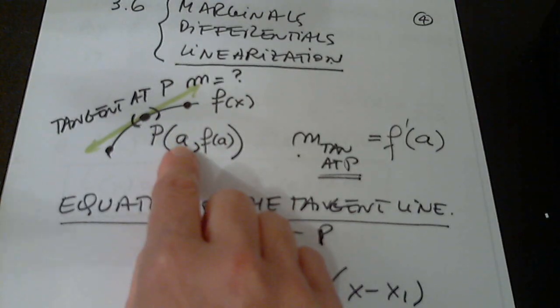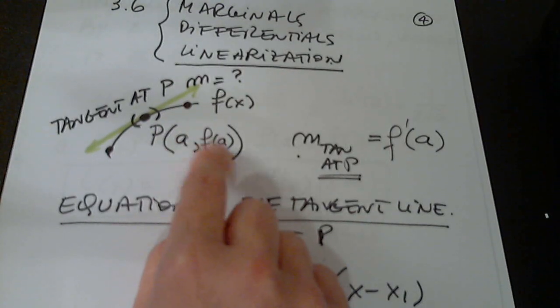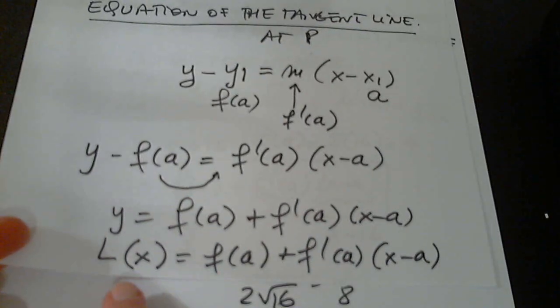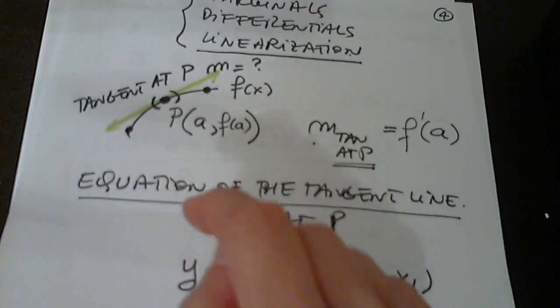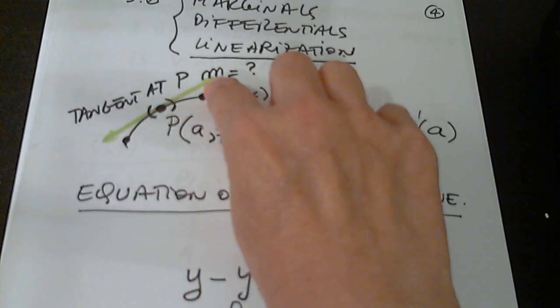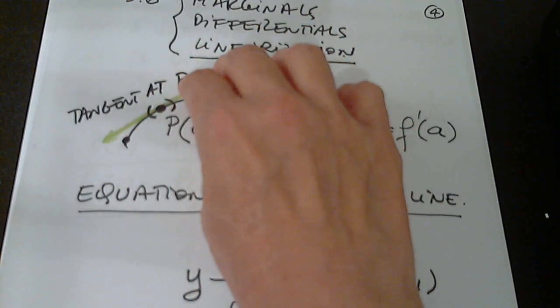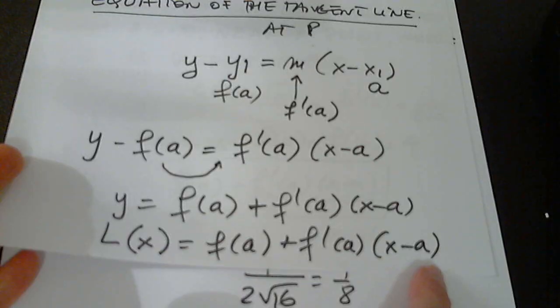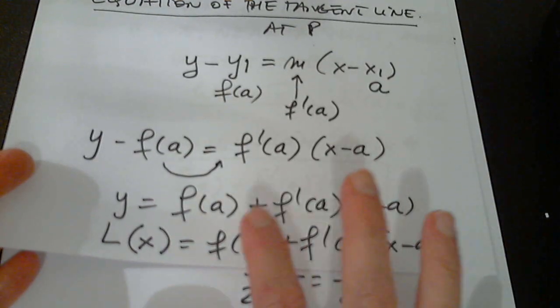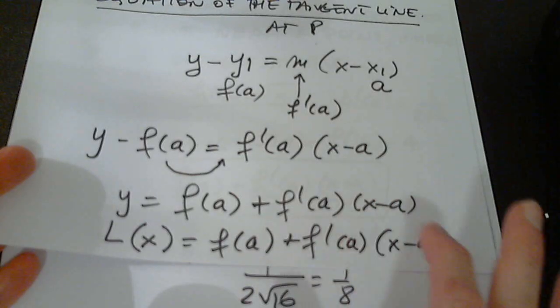So for any point a, f of a, when x is a, I can determine the linearization of the function at this point, meaning I can find the equation of the tangent line that can approximate the function near the point. So I have f of a plus f prime of a times x minus a. What I have to do is plug in 16.